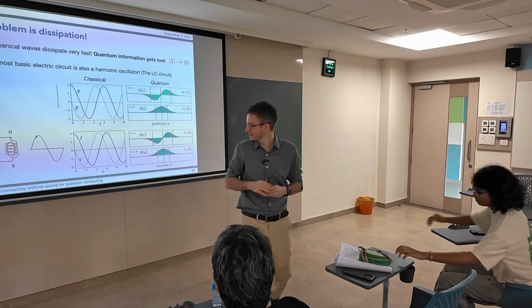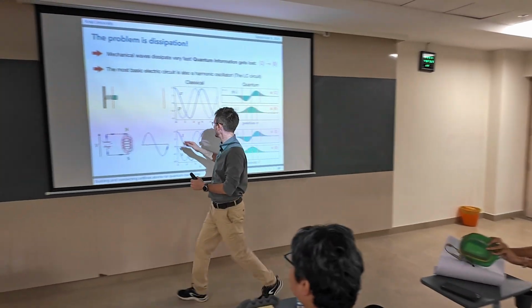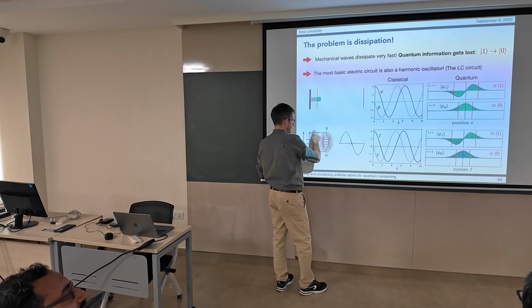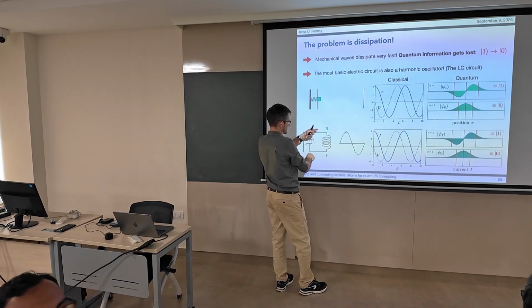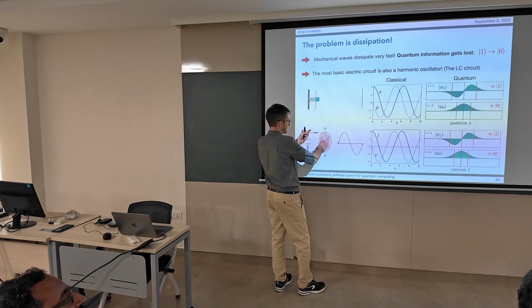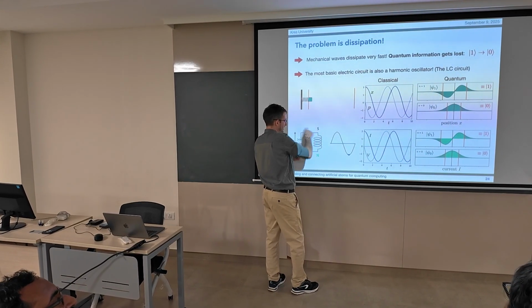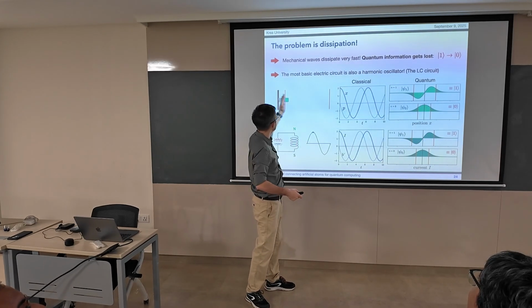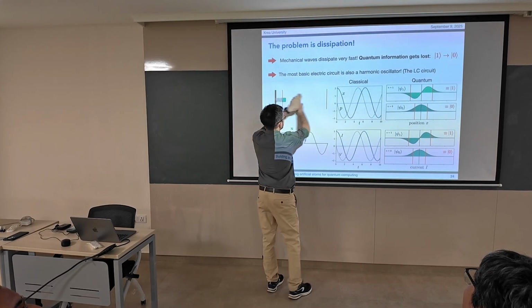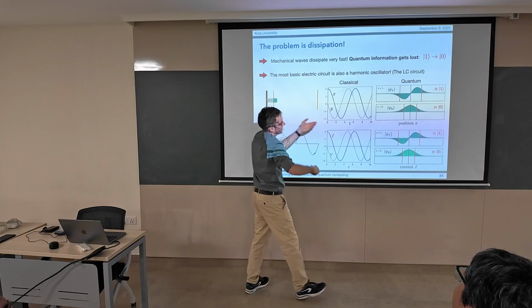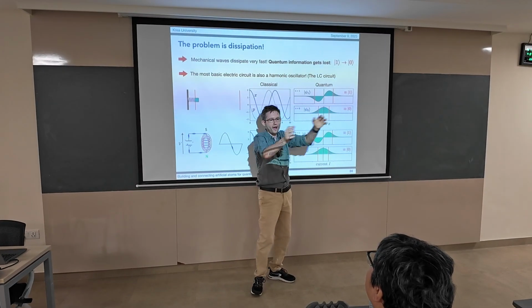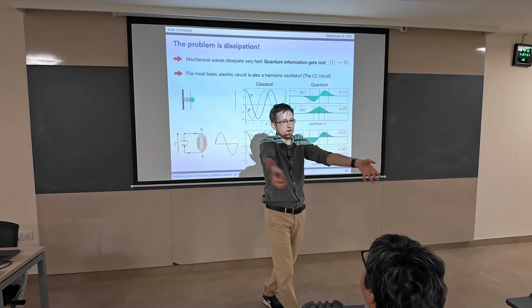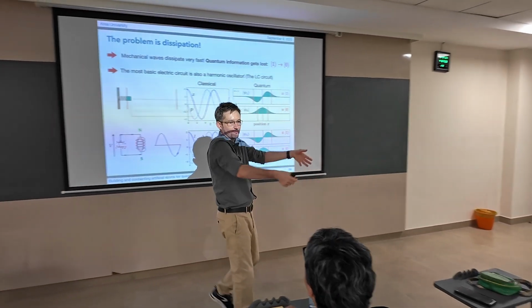If it's oscillating like this, that's a single phase. But it has to be everything. In the same way, your oscillator is not oscillating just like this, it's actually oscillating everywhere at the same time. It's just delocalized, a blob of mass, of probability.